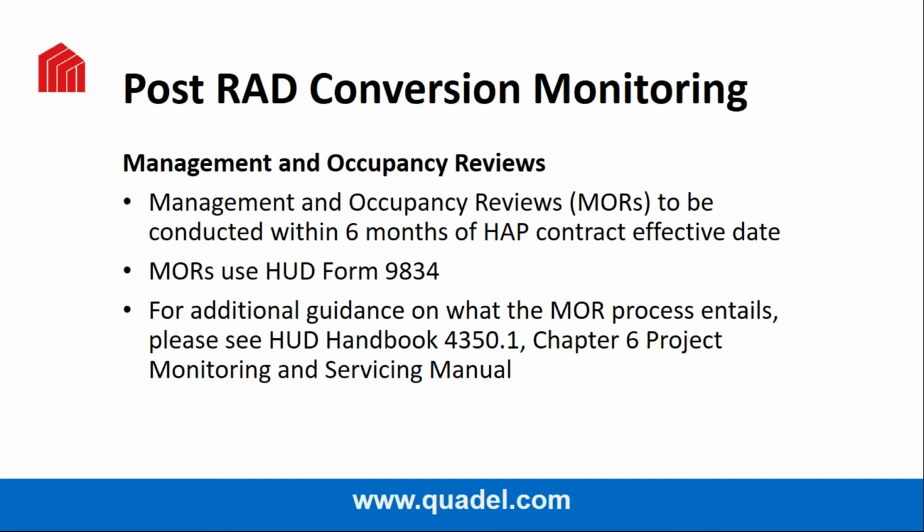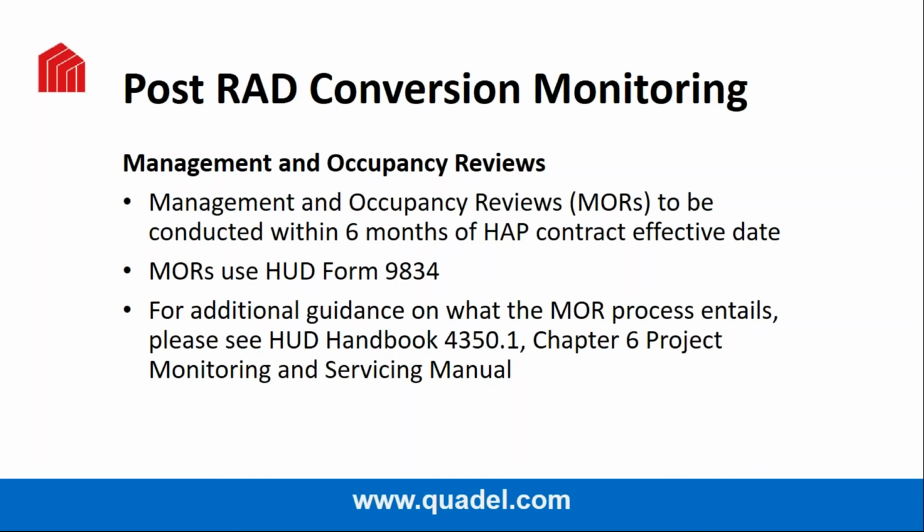The official form that is used during the management and occupancy review process is HUD Form 9834. It's comprised of several pieces of information, which includes a desk review completed by HUD staff, an on-site review questionnaire that's used during the on-site portion and asks the PHA or owner numerous questions on procurement, staffing, and services, as well as a tenant file review checklist that the HUD staff use to evaluate the PHA or owner's tenant files, which are selected for review.